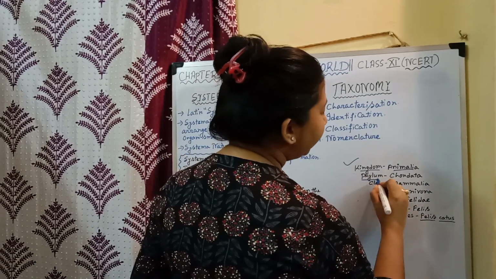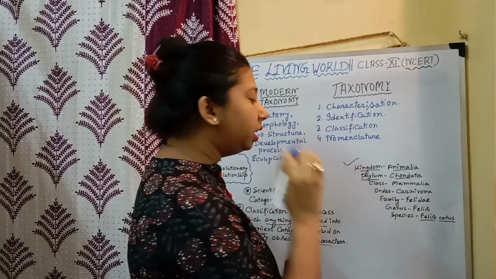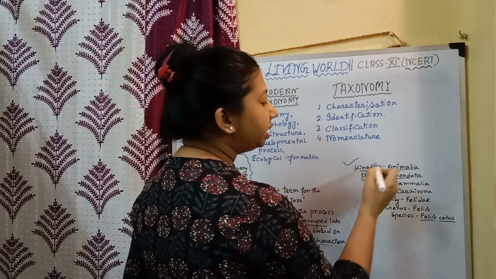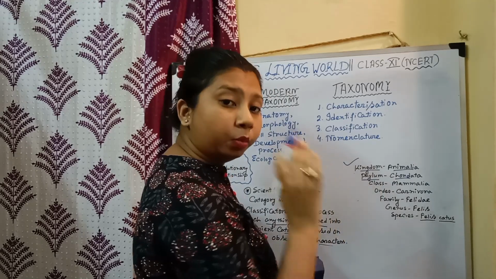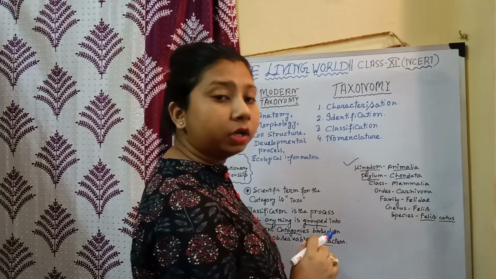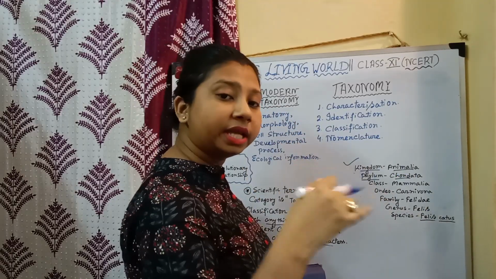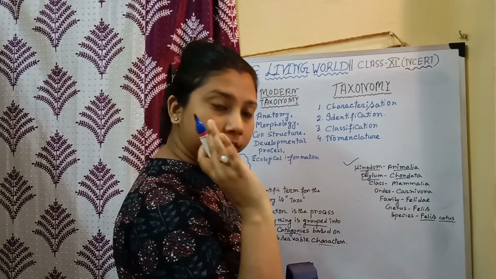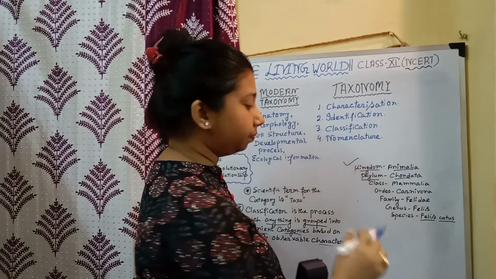Then phylum Chordata. Phylum means another relatively small category within this kingdom Animalia category. We can place the cat into phylum Chordata also. Why? Because Chordata means the animals that have a notochord. Cats have a notochord, so we can place the cat into that Chordata phylum also.